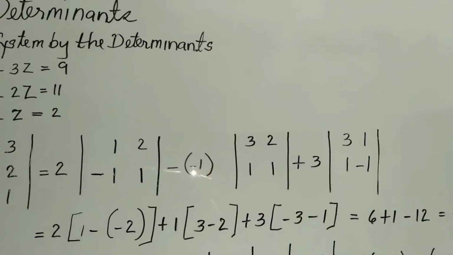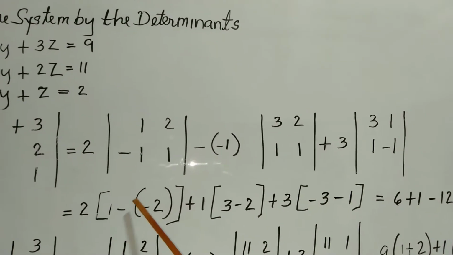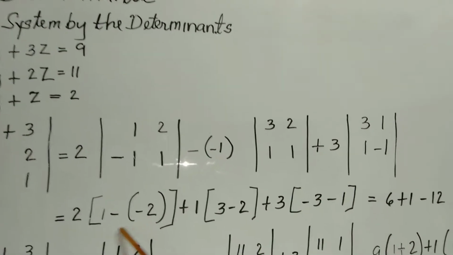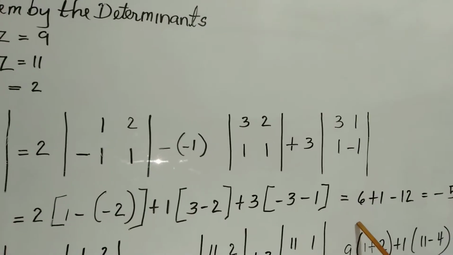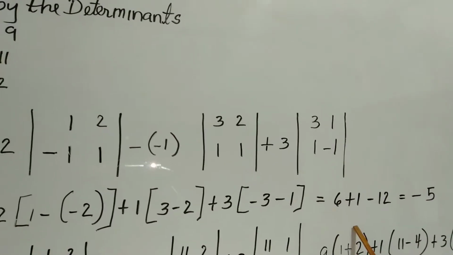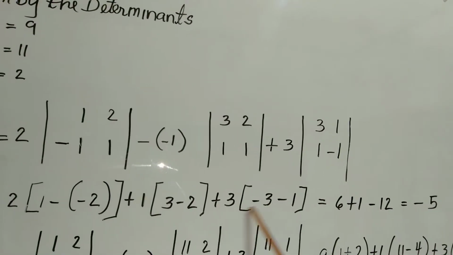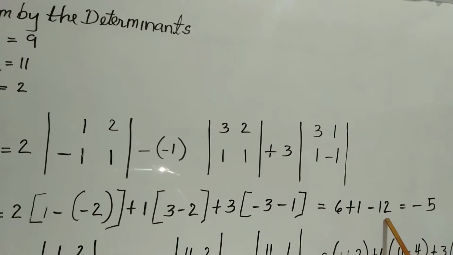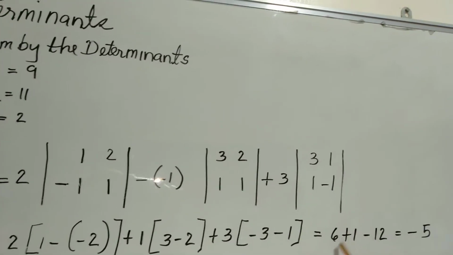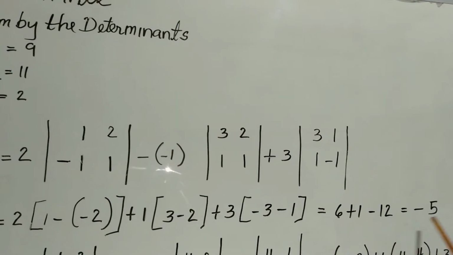So if we perform the operations here, 2 times 1 plus 2 is 3. 2 times 3 is equal to 6. 1 times 3 minus 2 is equal to 1. 3 times negative 3 and negative 1, which is negative 4, times 3 is equal to negative 12. And then we combine all our answers. We have here 6 plus 1, 7, minus 12 is equal to negative 5.